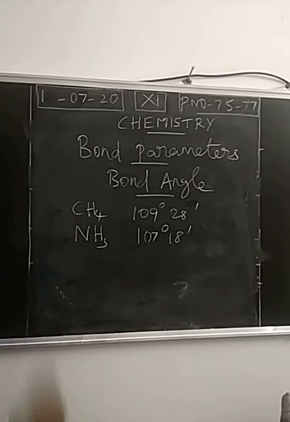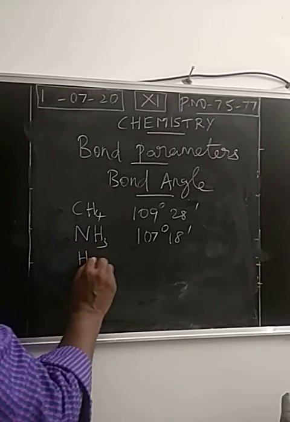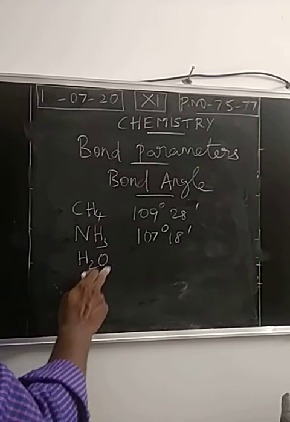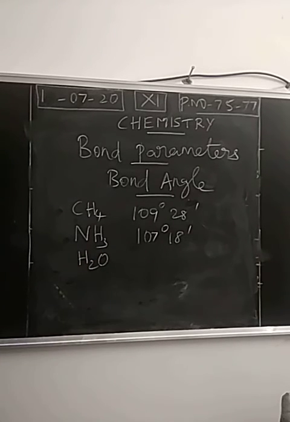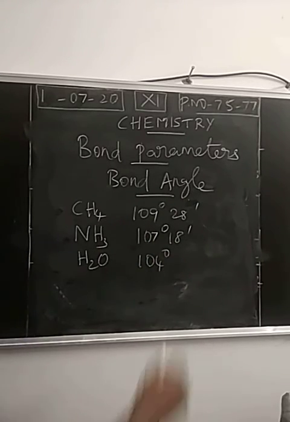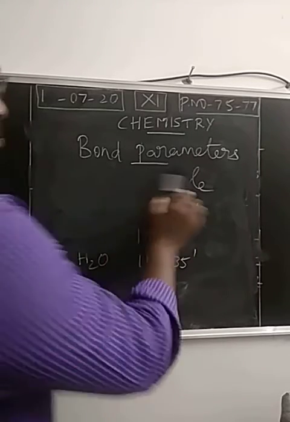On nitrogen there will be a lone pair of electrons. Consider water. In water also sp3 hybridization, due to the presence of lone pair of electrons on oxygen, bond angle will not be obtained as 109 degree 28 minutes, it is 104 degree 35 minutes. So this is called the bond angle, right? Next one, bond enthalpy.